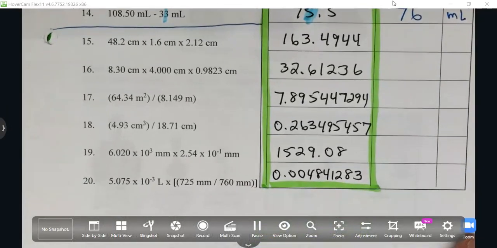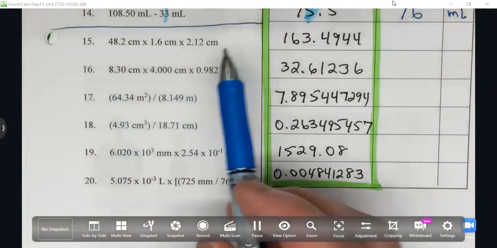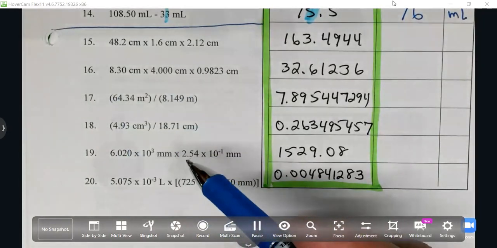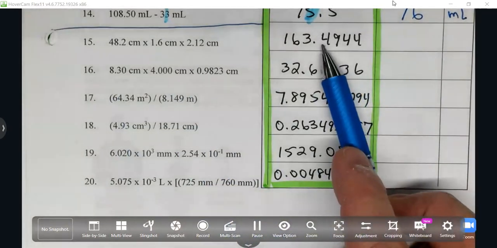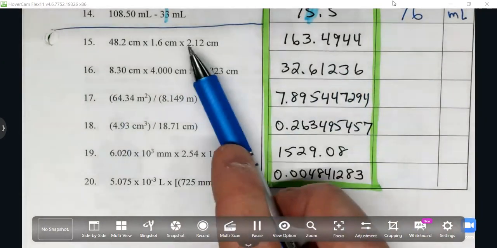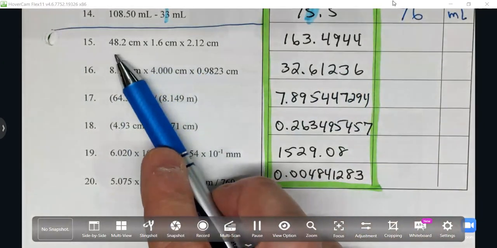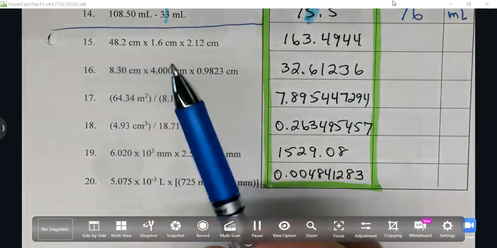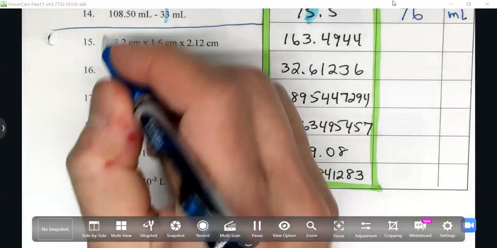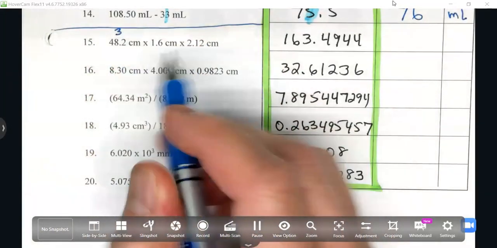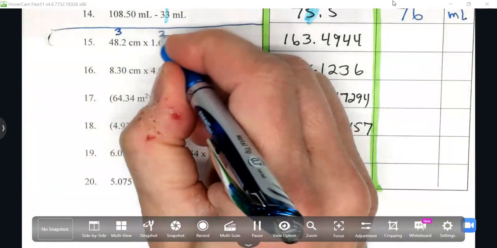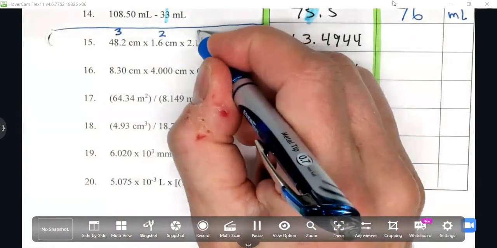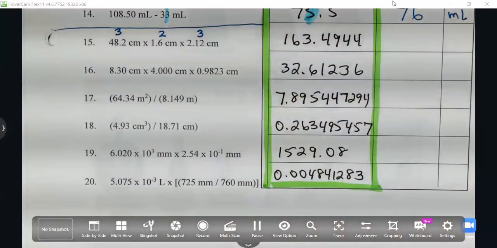Okay. For multiplication and division, you round your answer to the same as the least. So we've got 3 digits here, 2 digits here, and 3 digits there.